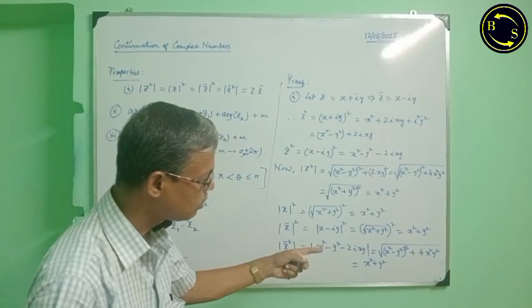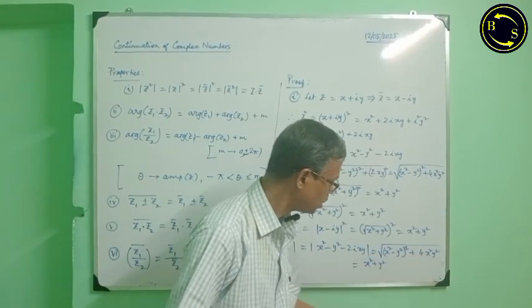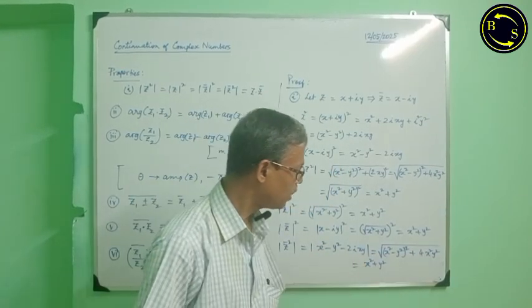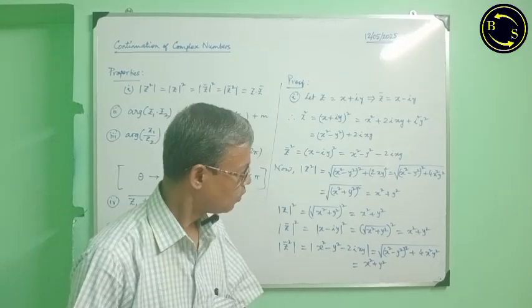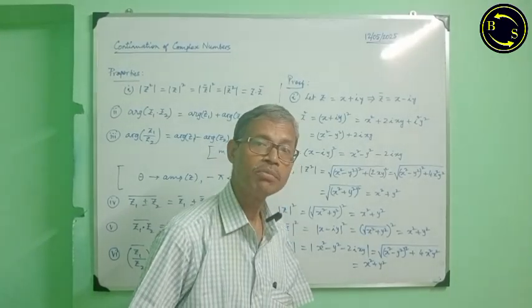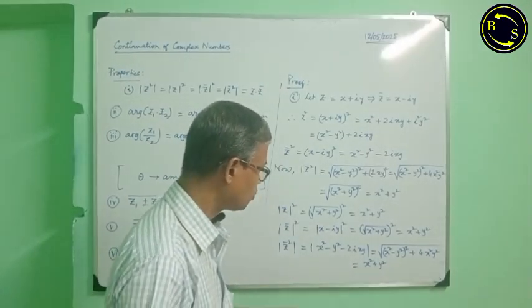As under the square root symbol, the expression is of the form a minus b whole square plus 4ab, that is equal to a plus b whole square. That is why this one.